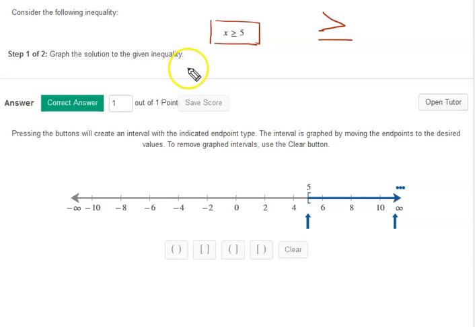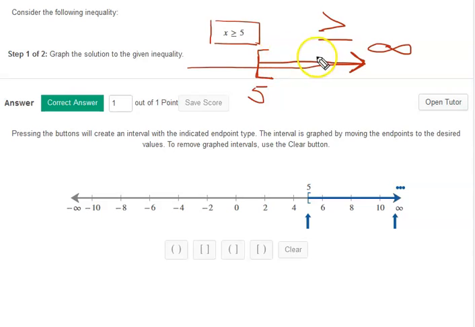Well, ideally, put it on a number line first. You're going to be interested in the 5. Now, because it's also equal to and greater than or equal to, you're going to use what symbol here? Well, you're going to use a bracket.